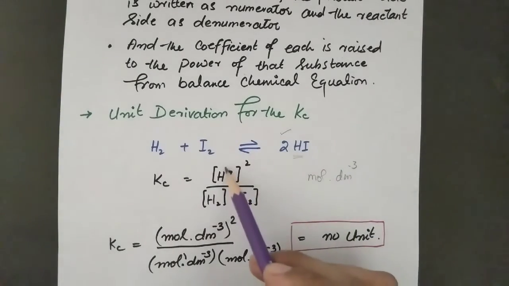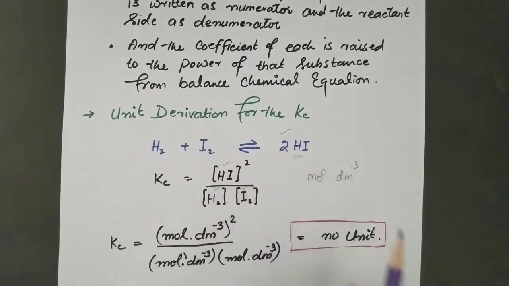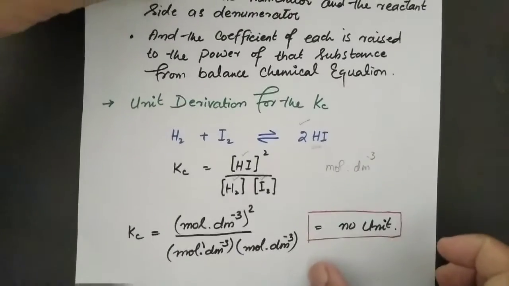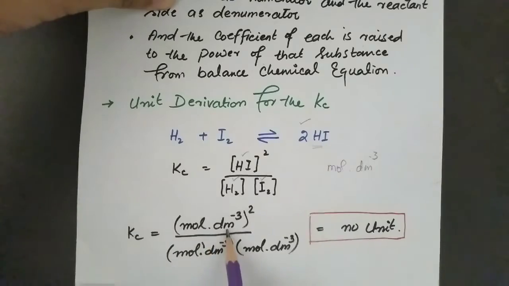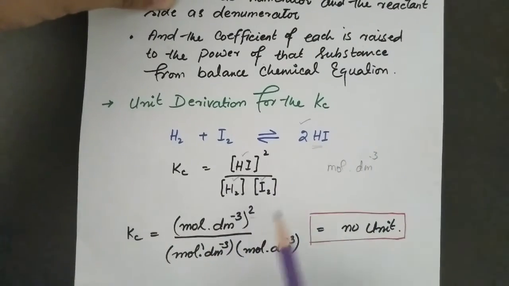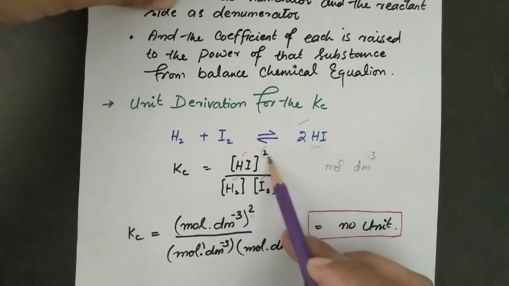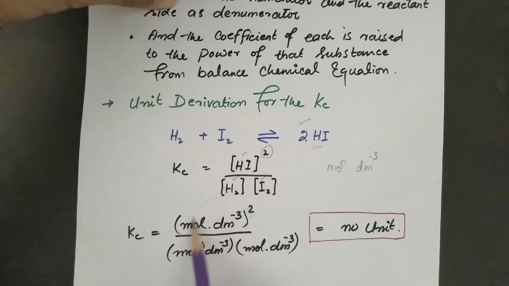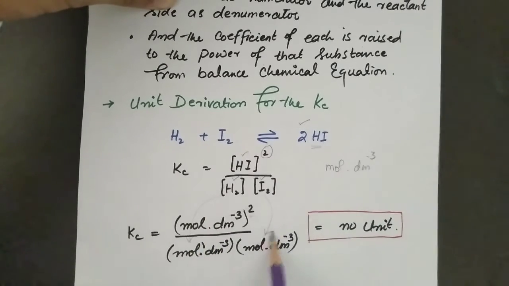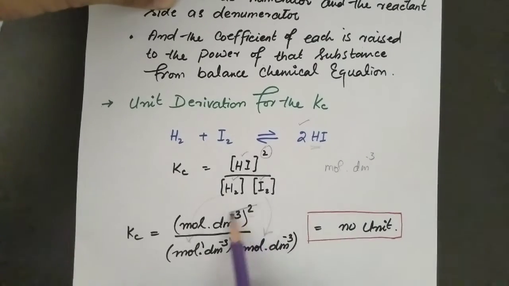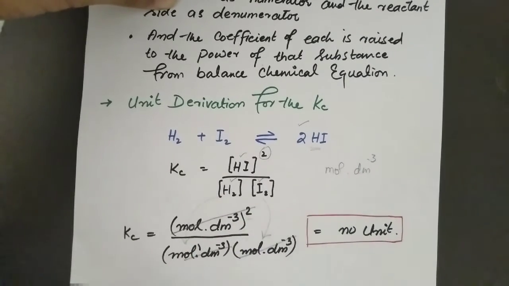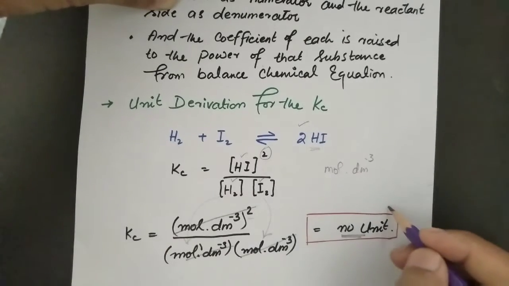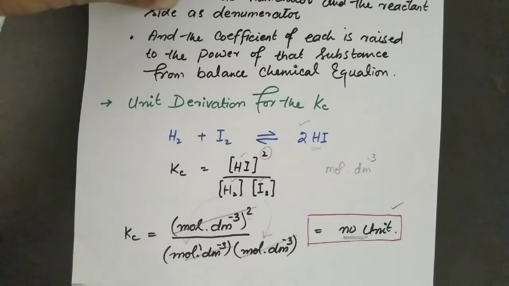By replacing all these terms with mole per decimeter cube, we can calculate the unit. Kc is equal to (mole per decimeter cube) squared, as there is a square on hydrogen iodide, over mole per decimeter cube for hydrogen and mole per decimeter cube for iodine. All these terms cancel each other out and nothing remains, so there is no unit for this chemical reaction.